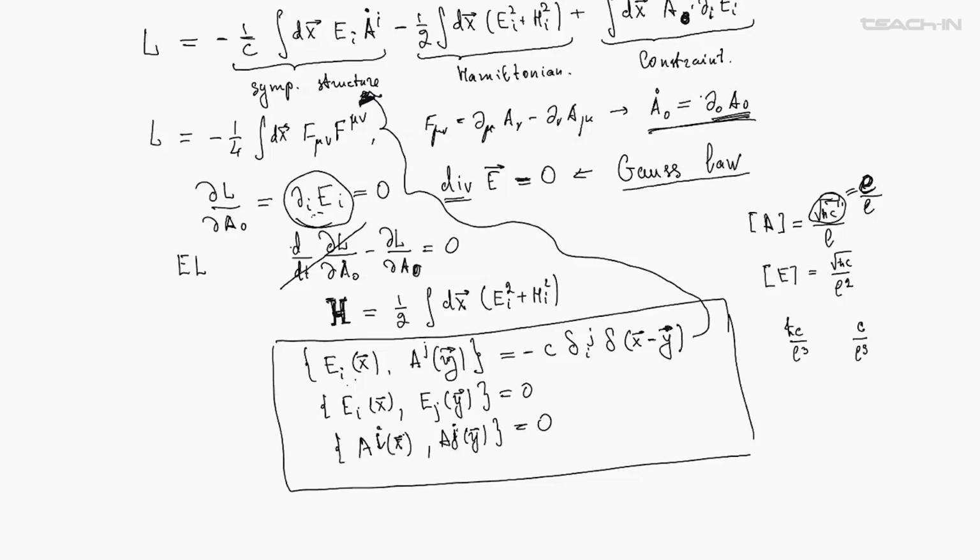That should be the case, because the Poisson bracket is a differential operation which involves differentiation, say df over dp, dh over dx minus dh over dp, df over dx.